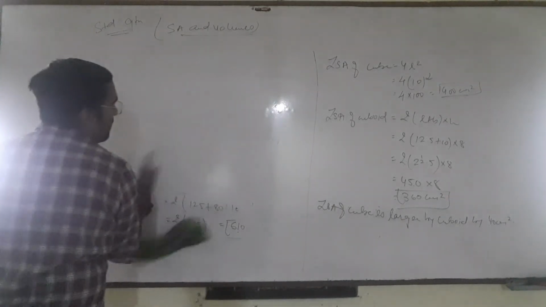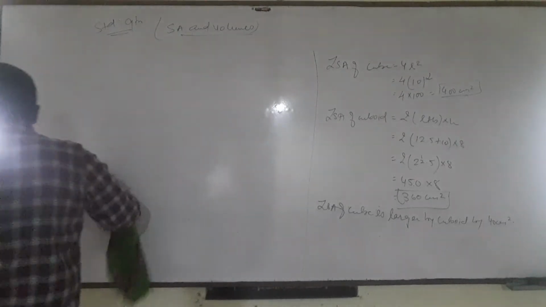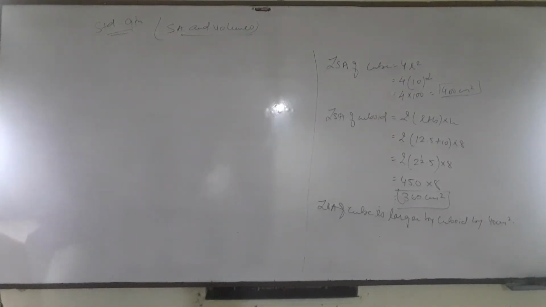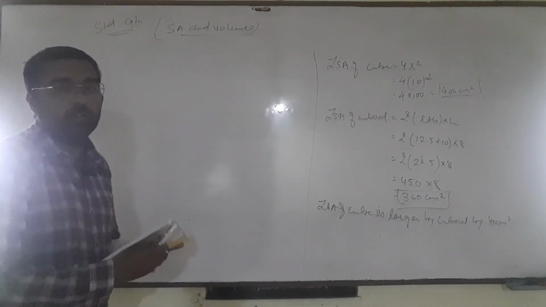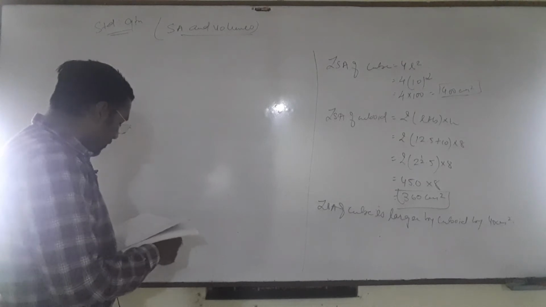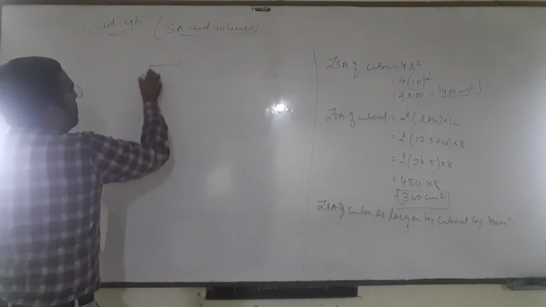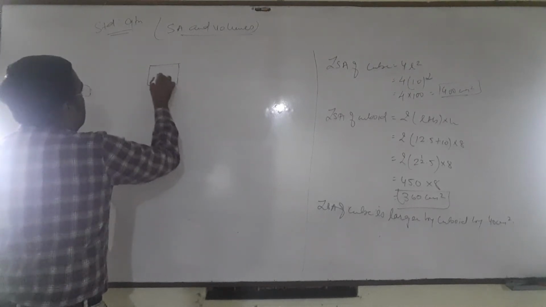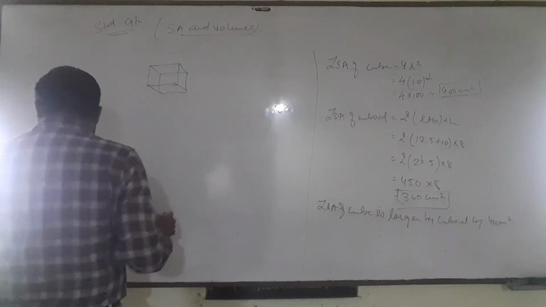So find the surface area of the resulting cuboid. Sorry, here are 3 cubes. Here is 3 cubes like this. 3 cubes are combined with each other end to end.